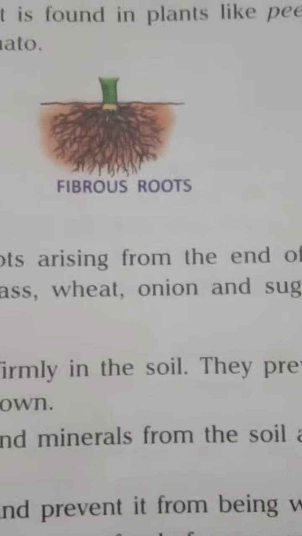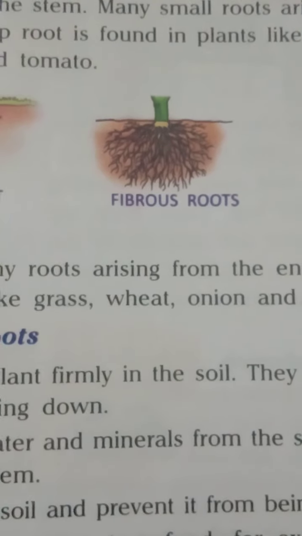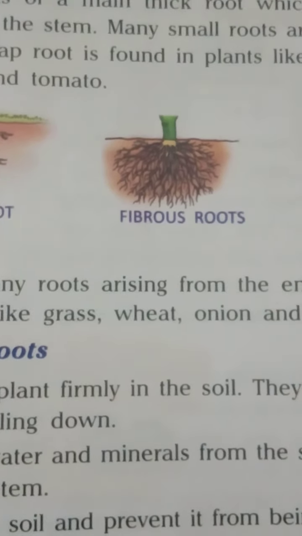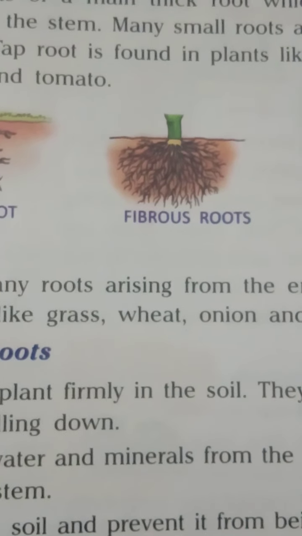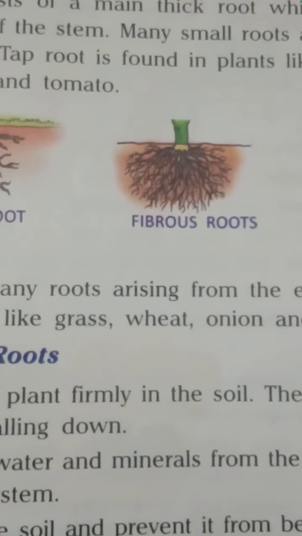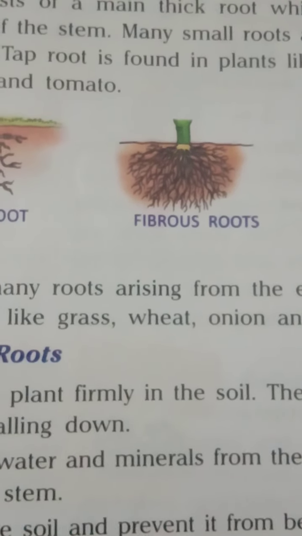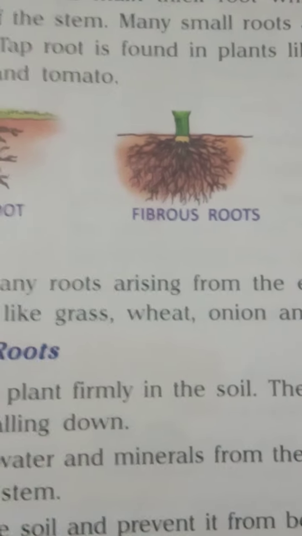So student, in fibrous root, many roots develop from the end part of the stem. Examples of fibrous root are grass, onion, sugarcane and wheat.